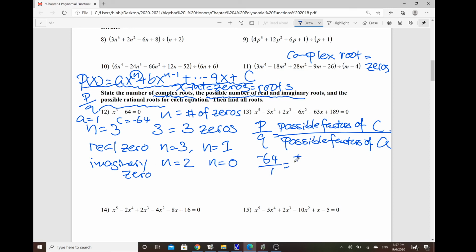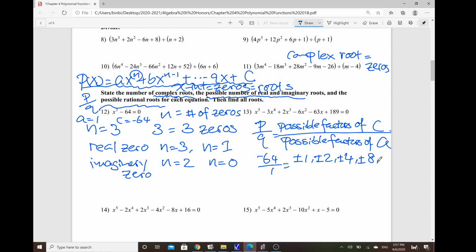So we do have plus minus 1, plus minus 2, and then just keep going, any possible factor of 64. Perhaps plus minus 4, plus minus 8. Hopefully there's nothing missing here. What else? Plus minus 12, if that's possible? Okay, let's see.